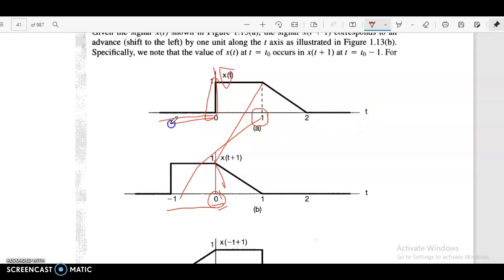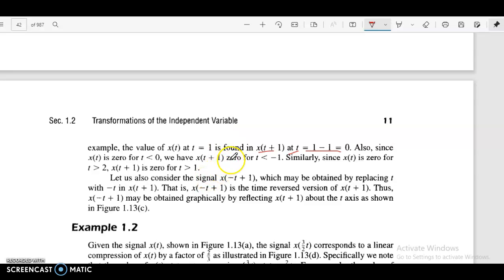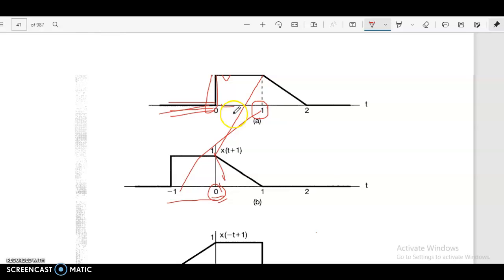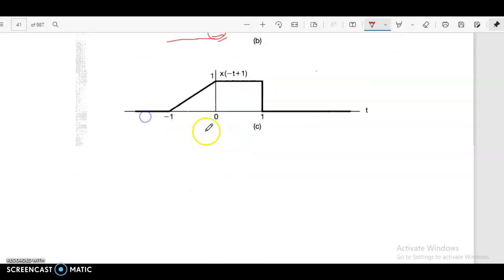That's why here in x of t, if t is less than 0, it is 0 only. Start from here.